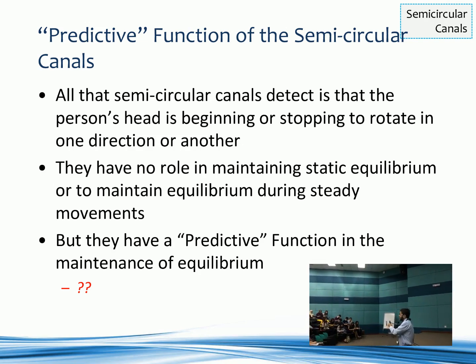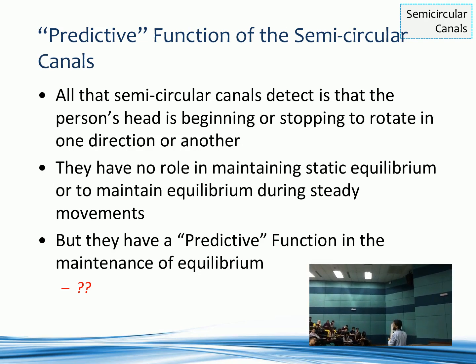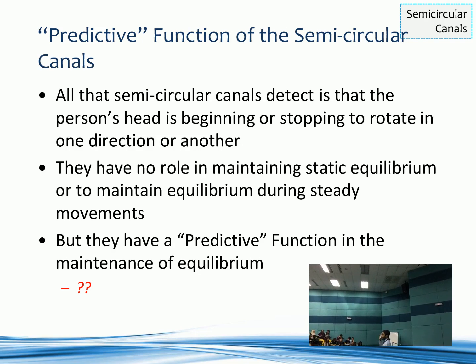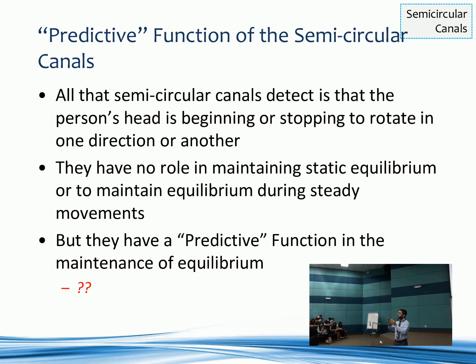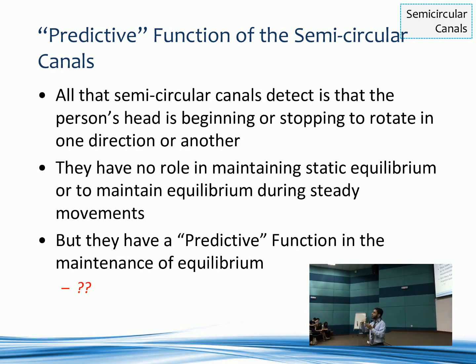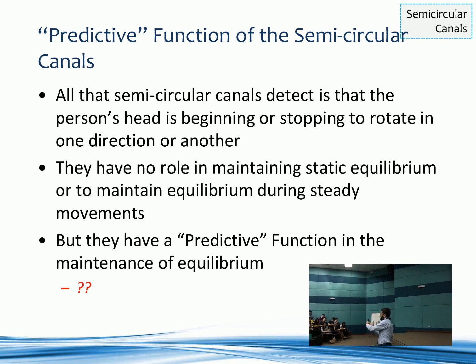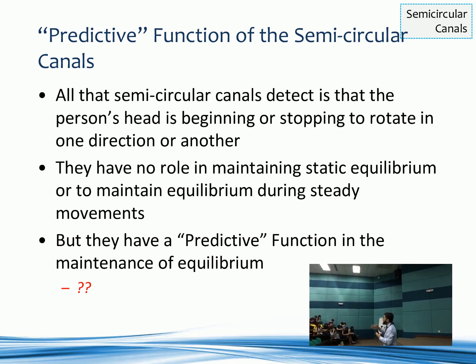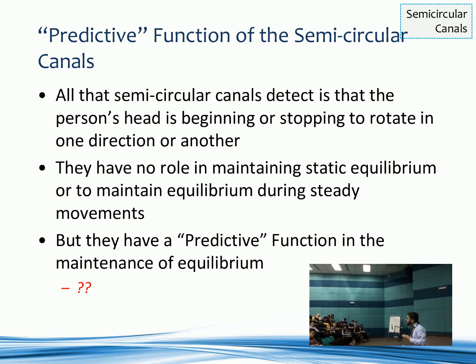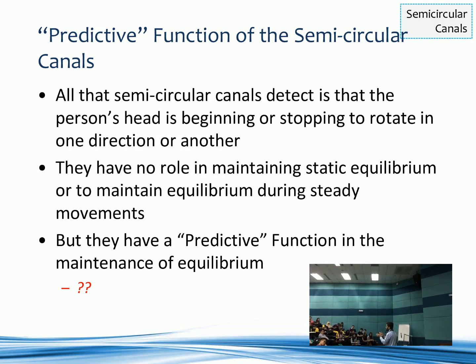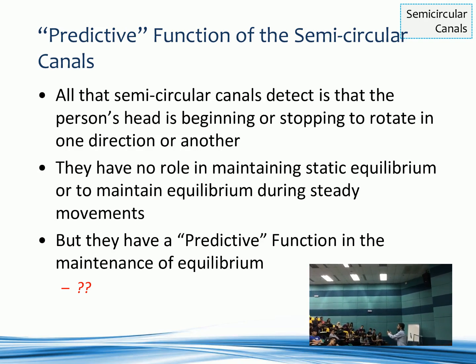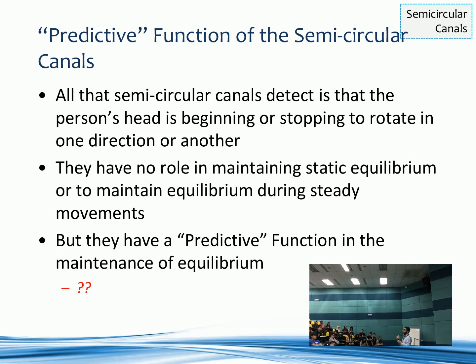And if you are turning, again this turn is detected by the semicircular canals and the brain would know. So the brain makes a prediction based on the way you are turning. It already plans how much force the different muscles in your legs, the left leg and the right leg, the flexors and extensors, should be given in order that you turn very nicely without overshooting or undershooting the turn.